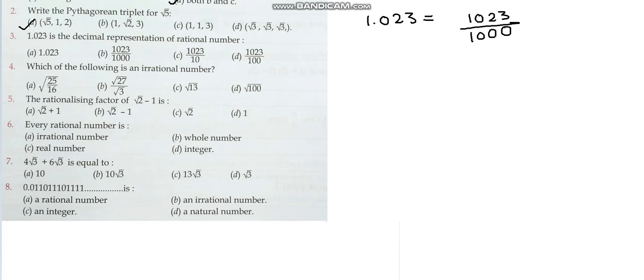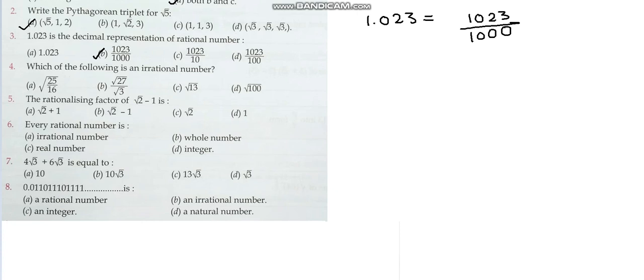So we can put three zeros in the denominator, which gives us 1023 upon 1000. So option B is the correct answer to the third question.